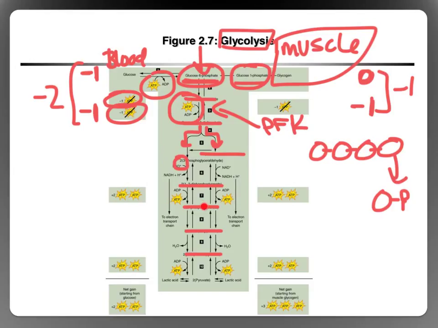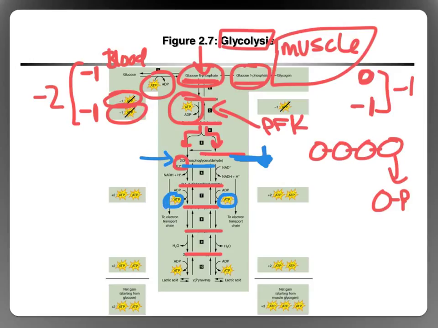Then we go through step 7, and look what happens in step 7. We've created an ATP. Finally, we've created an ATP. Okay. And remember that you've got 2 of these substrates. So everything that happens from here down happens twice because you have 2 substrates.